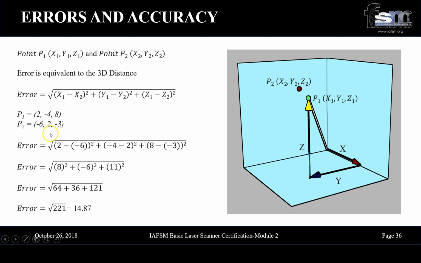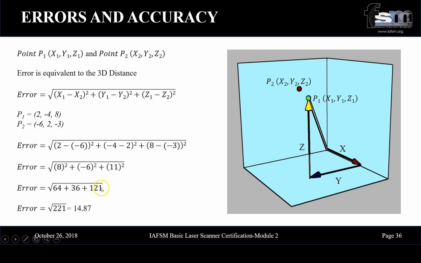So here I've got a very simple example, and this is important. You can probably expect that there will be some questions on this if we have an exam. If we take a couple of points, P1 (2, -4, 8) and P2 (-6, 2, -3), when we punch these into the equation, be careful with negative numbers: when you're subtracting negative numbers they become positive.